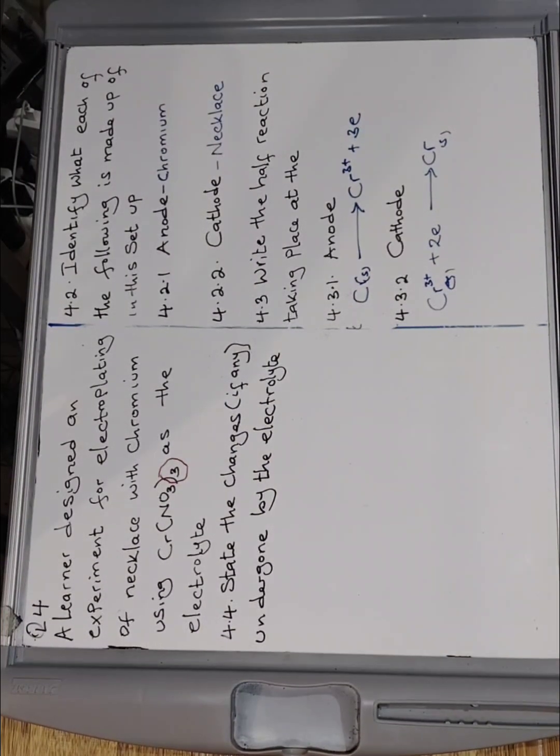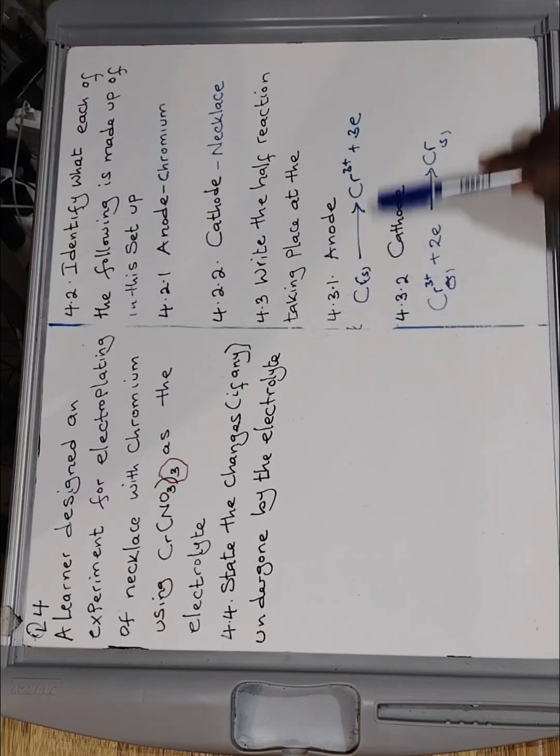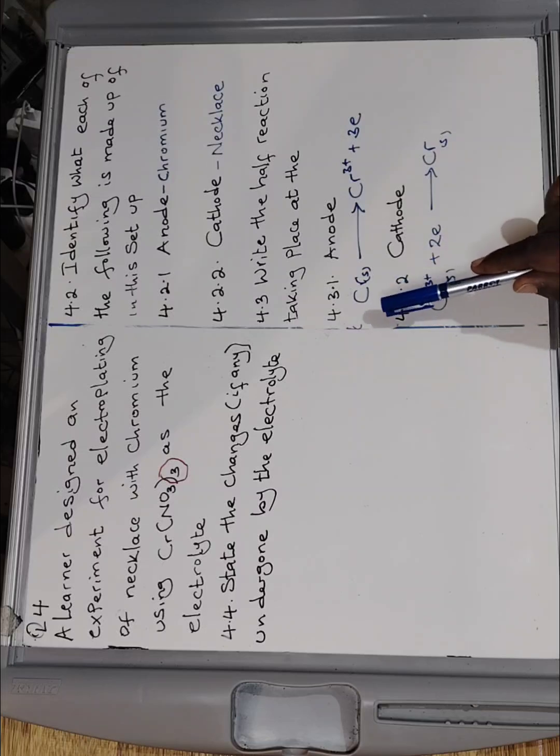So 4.4 says, state the changes, if any, undergone by the electrolyte. So how do you answer? Where do we look to get the answer to this question? We need to look at these two half reactions. Now, the moment you have these two half reactions, the reverse of the other, I want you to remember, look at what you have here.